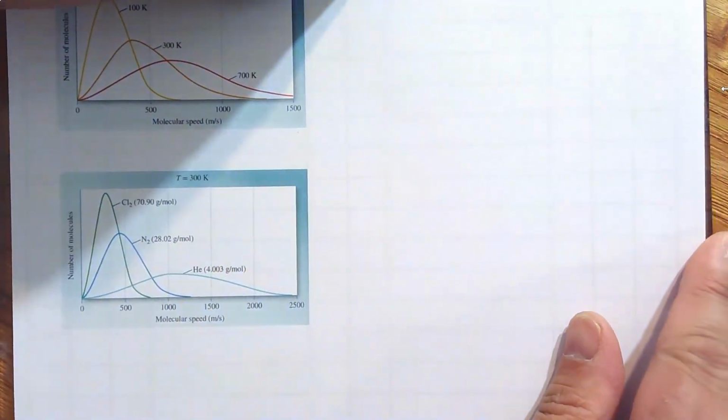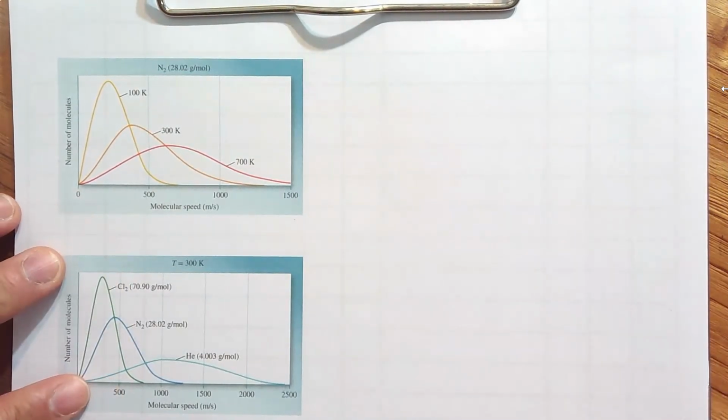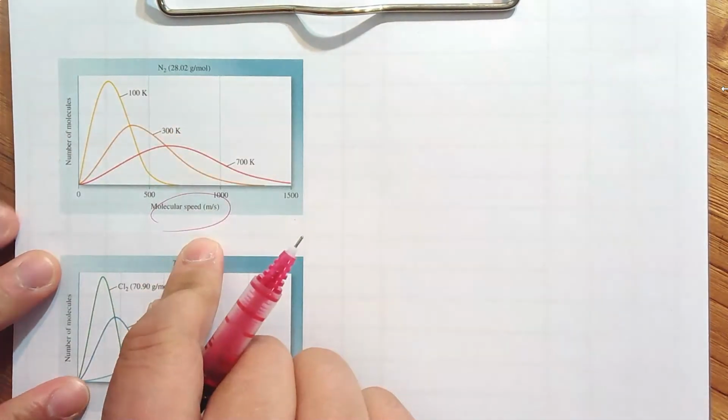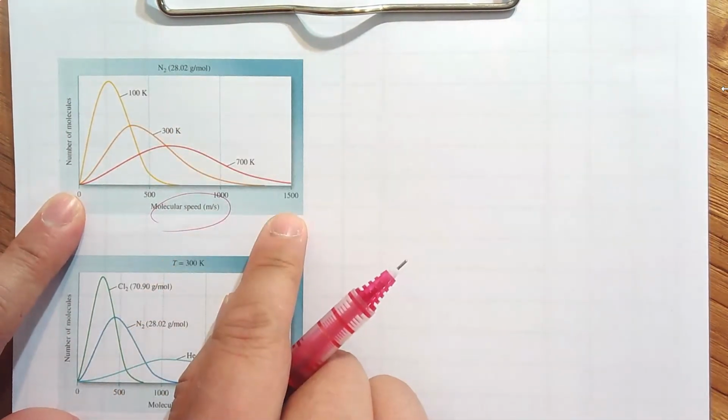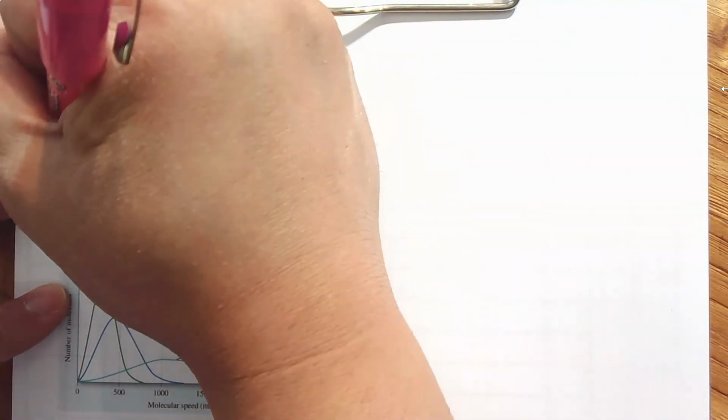Both are considered Maxwell-Boltzmann distributions, and there are a couple of things that you want to know about these graphs. The first one is speed of the molecules in meters per second, 0 to 1500. Okay, that's your range, and then the number of molecules.